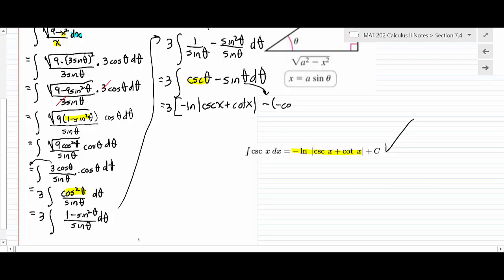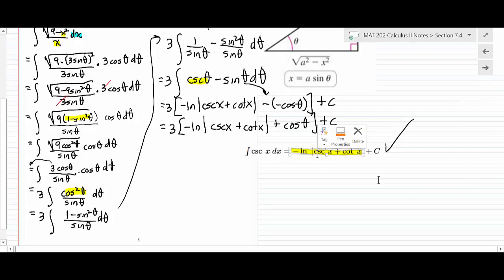So that would be negative cosine theta, like that, plus c. So that's our integral. Then I'm going to clean that up a little bit and write this as 3 times negative ln of cosecant x plus cotangent x, and then the minus minus becomes plus cosine theta plus c like that. So that's kind of what I've got so far. That's the integral technique on that.